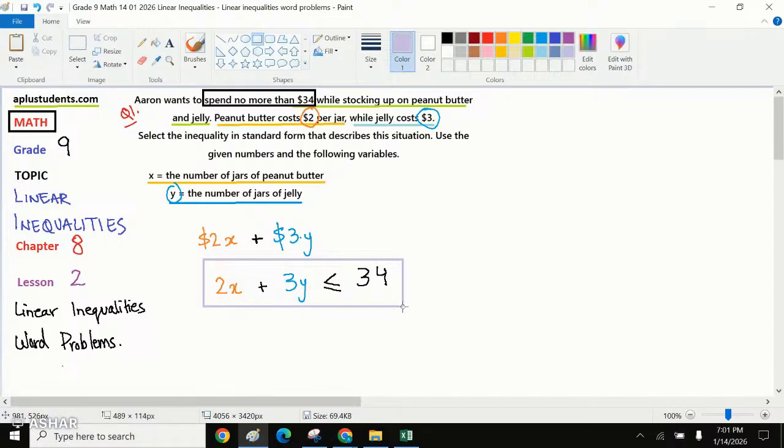So this is the inequality that represents the number of jars bought for peanut butter and the number of jars bought for jelly. Okay, and this is the total amount that Aaron had. Okay, so in this case, what we are trying to do is we are trying to create an inequality based on the given information.